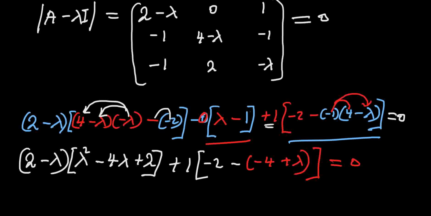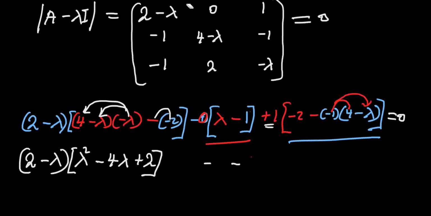All right, let's take it one more time. So 0 times the whole of this is 0, so we skip the whole of that part.